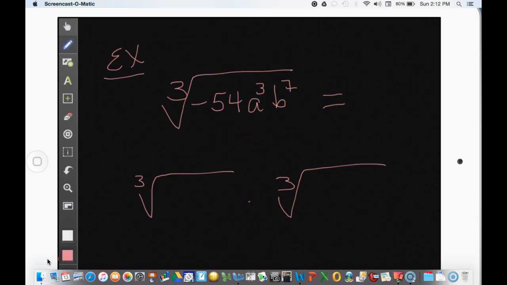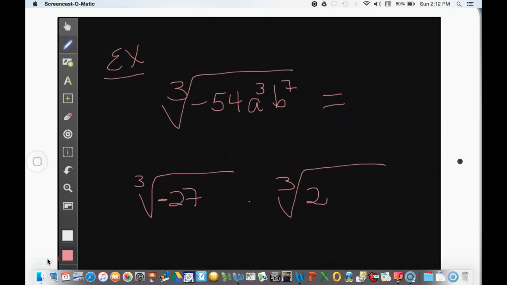The perfect cube that's the largest that goes into 54 is, I'm thinking to myself, negative 27, because 3 cubed is 27, so negative 3 cubed is negative 27. I'm going to need 27 times 2 to give me 54.